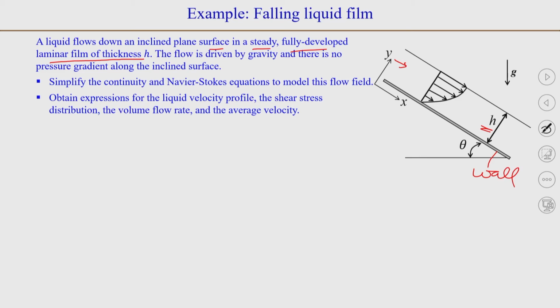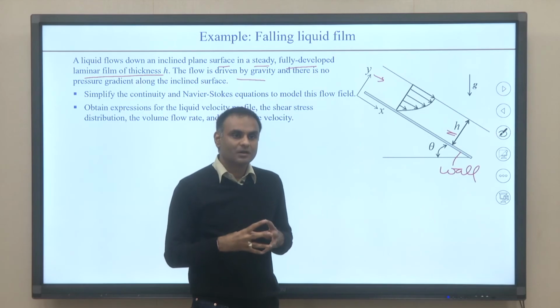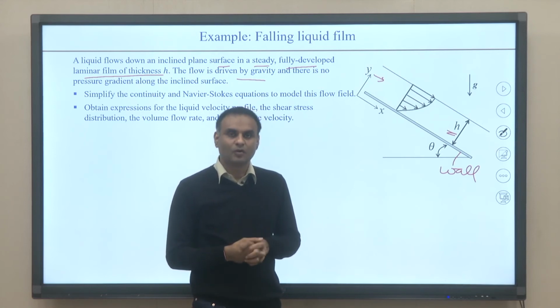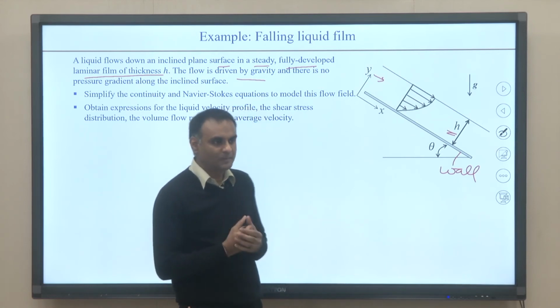and it drains only because of gravity. It says that the flow is driven by gravity and there is no pressure gradient along the inclined surface. So, we can see that in most of the cases that we deal with in this course, the flow will be driven by one of the three mechanisms.